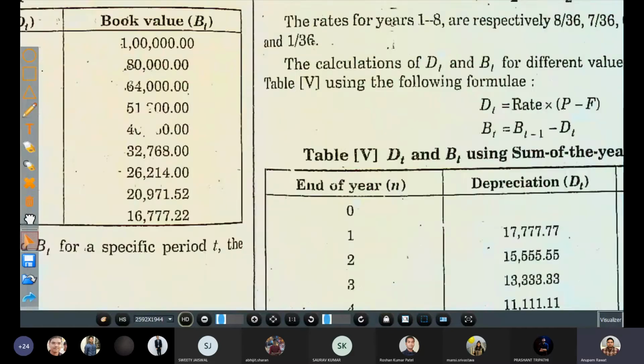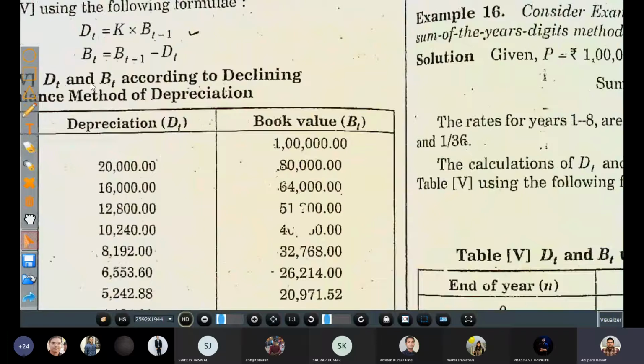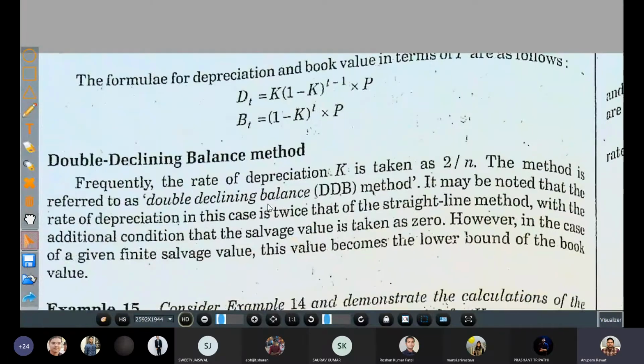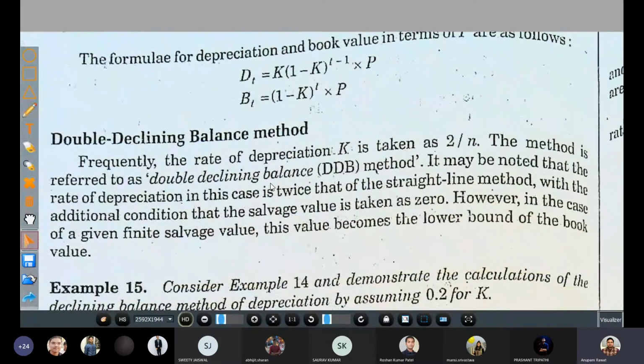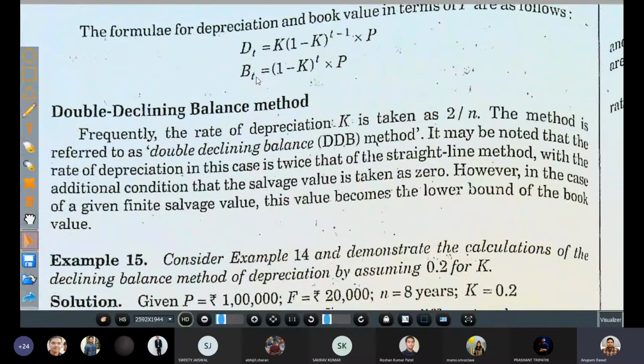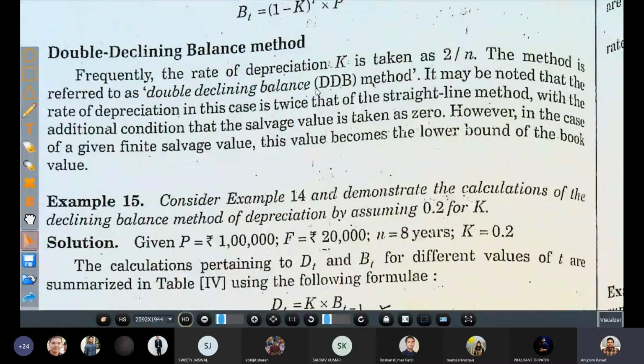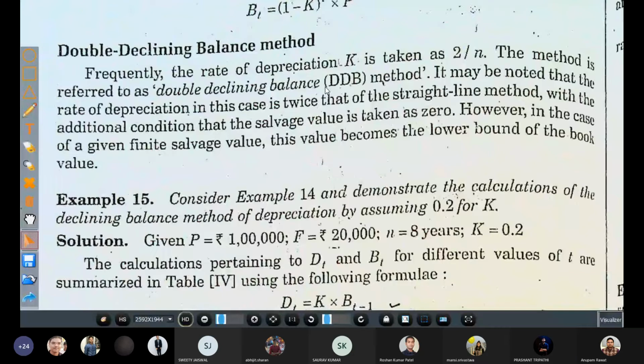We will see both of these with the help of an example. The formula for DT will be K into 1 minus K to the power T minus 1 into P, where P is the initial amount. The same type of thing applies in the double declining balance method.